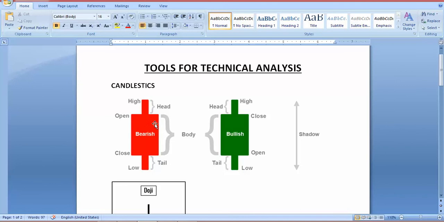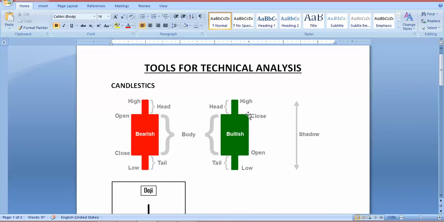This candle says that price opened here, then moved up to this level before the sellers pushed it down to this level, then eventually it closed here. So that's our bearish candle. Just understand that a bearish candle means that prices are moving lower.